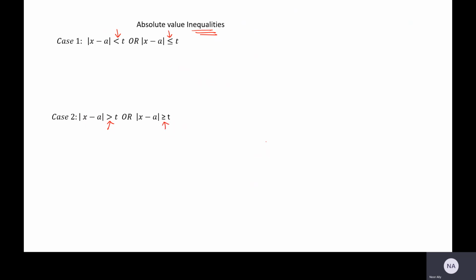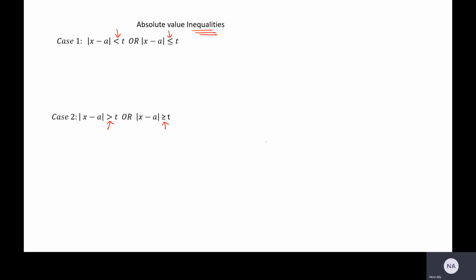Now, you would notice that in the procedure for solving absolute value equations, the sort of key step is to try and drop the absolute value. And when we drop the absolute value, then we have to consider what we need to do.